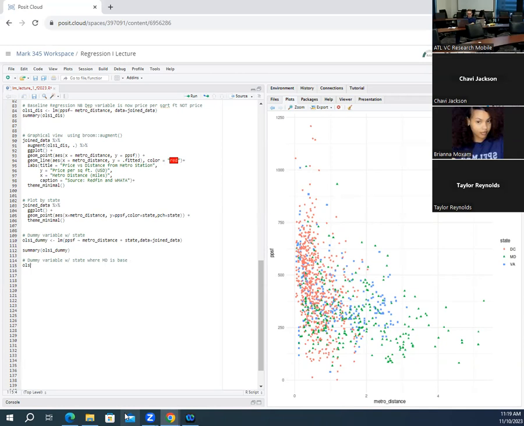So OLS2 dummy, lm, price per square foot tilde metro distance plus, this is where I have to change it up.